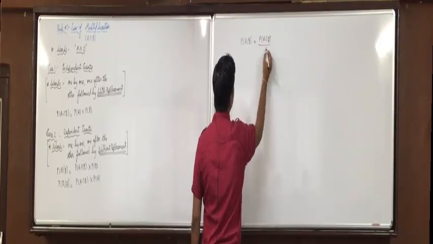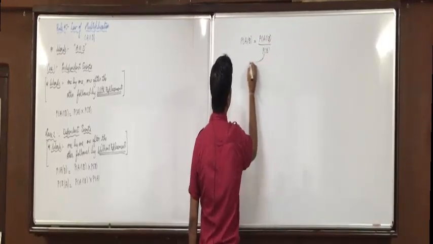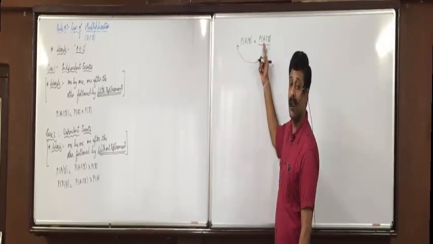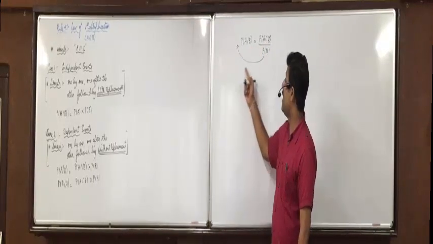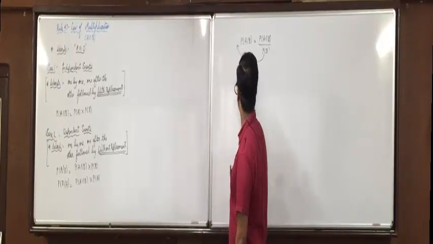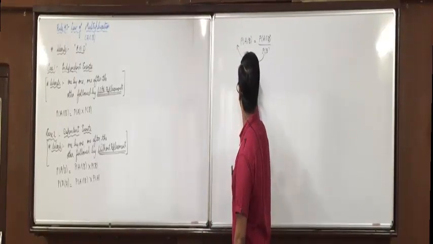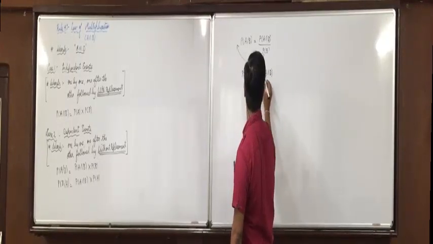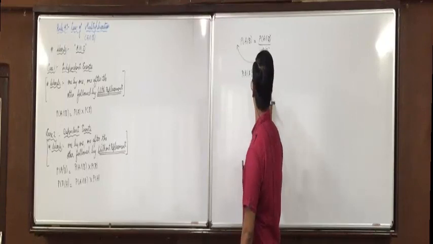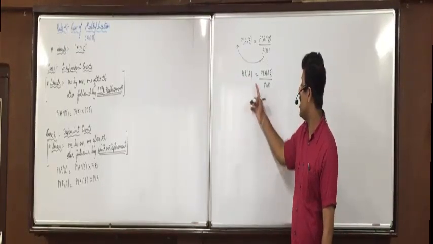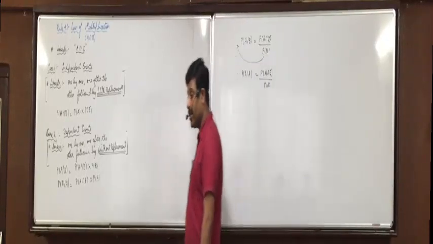P(A intersection B) upon P(B). If you bring this to the other side, then A intersection B will be P(A/B) into P(B). That is the first one. In the same way, what was the formula of B slash A? P(A intersection B) upon P(A). If you bring P(A) to the other side, then A intersection B will be equal to P(B/A) into P(A).